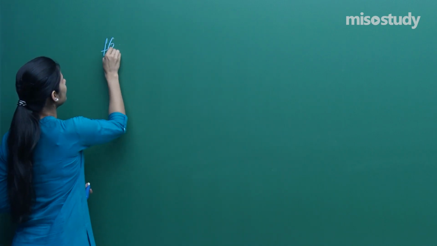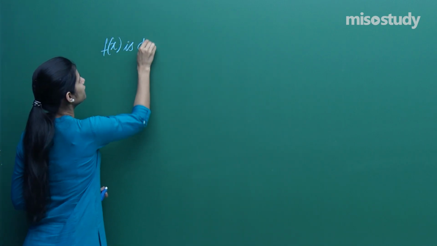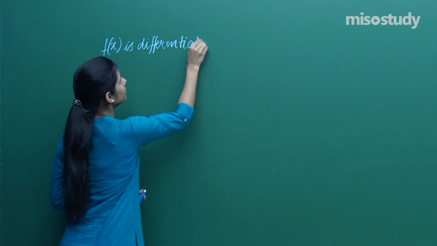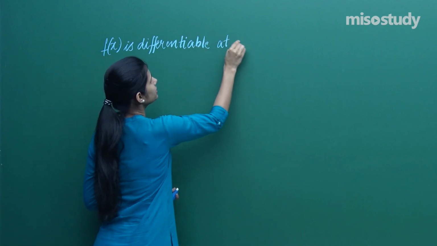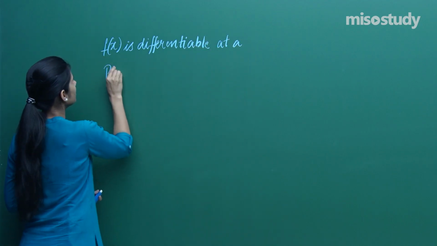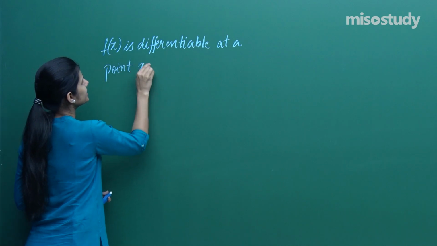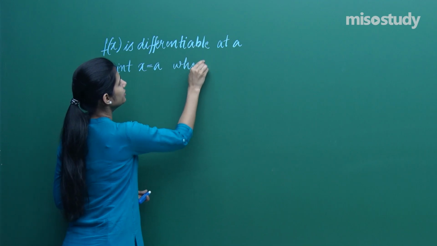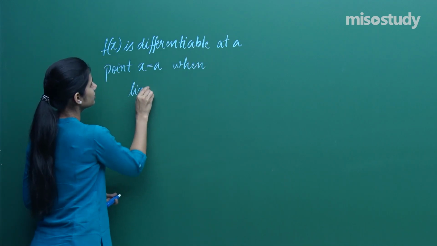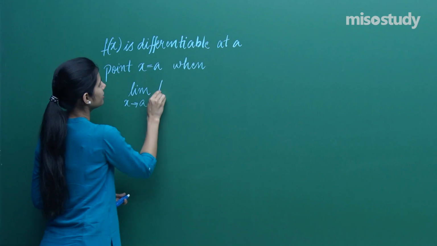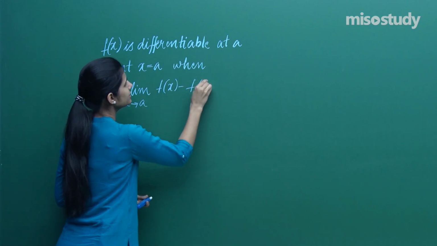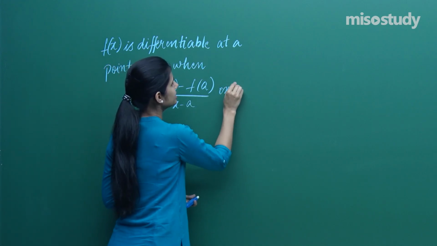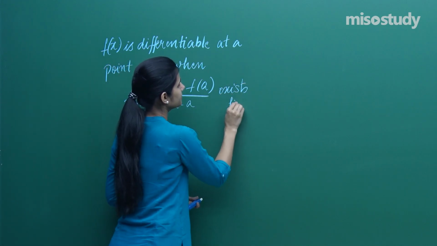I say a function f(x) is differentiable at a point x equals a of its domain when the limit as x tends to a of [f(x) minus f(a)] upon [x minus a] exists finitely, right?